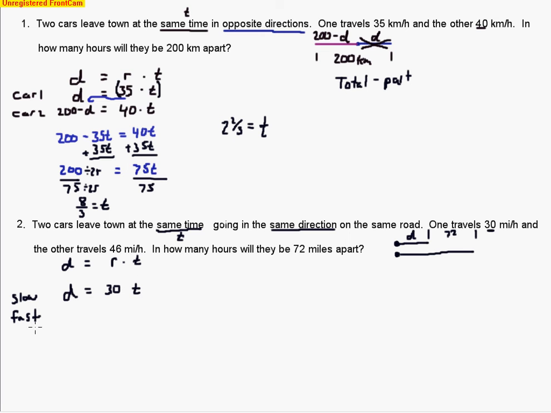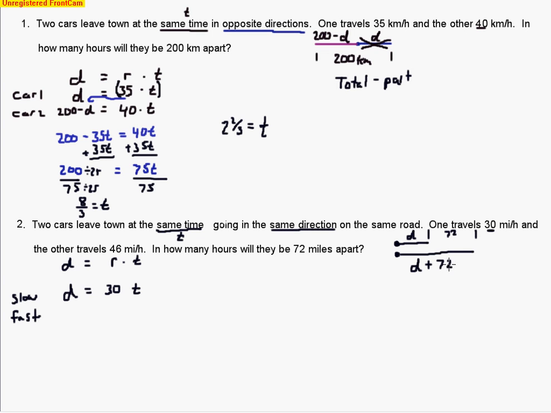Alright, now the next car, the fast car. Notice the fast car, it's different than the opposite direction problem, because in opposite directions we were given a total. Neither car had driven that 200. But here, in the same direction problem, the faster car has gone the distance the slower car went, so D, plus it's gone also the distance that they're apart, 72 kilometers, or 72 miles in this case.